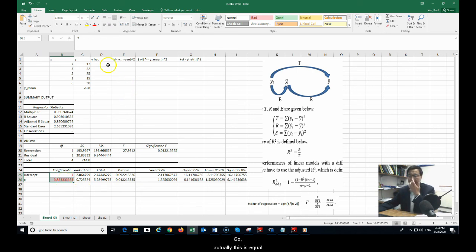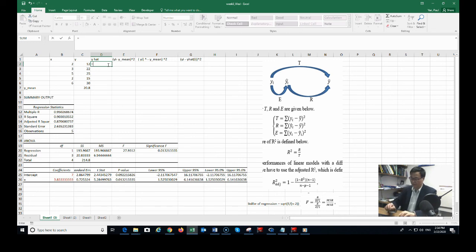Okay, so this equals alpha plus beta times x1. So this is the first y hat estimate, not deviation. Okay, so it equals alpha plus beta times x1. Before we copy and paste, we have the fixed alpha and the beta. So we copy and paste.